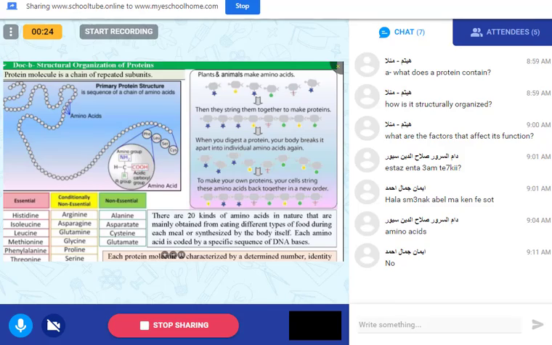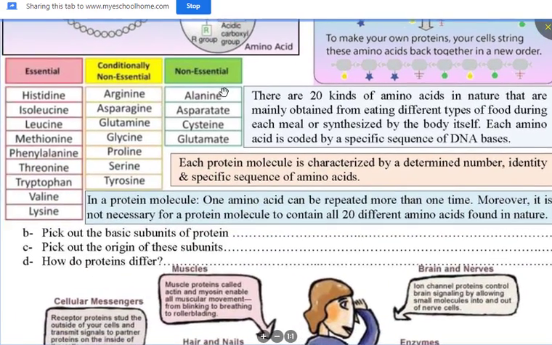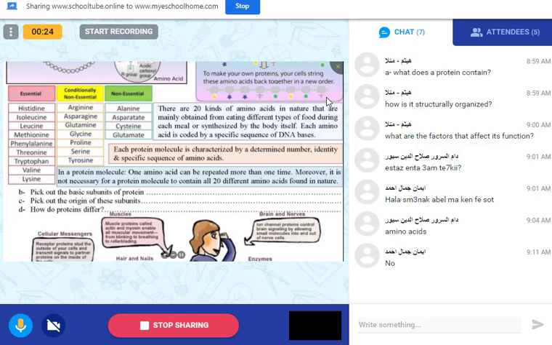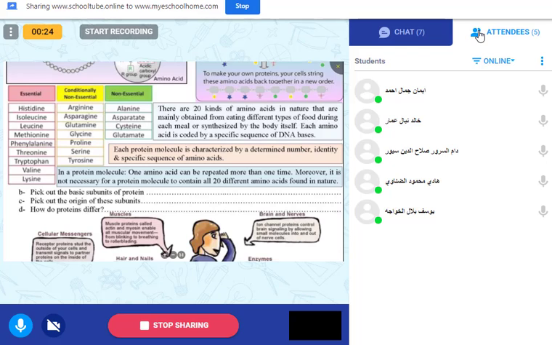Okay, Dan, can you read the name of the essential amino acids? We don't have to learn them, but just the names. Okay, just the names of the essential and non-essential amino acids. Yalla Dan, can you read them? Please. Essential amino acids. Histidine. Right. Isoleucine. Leucine.